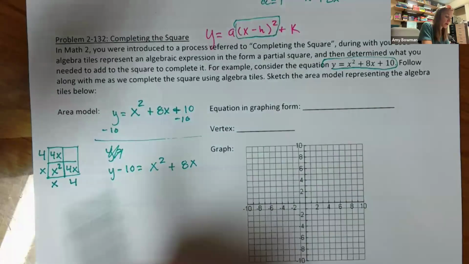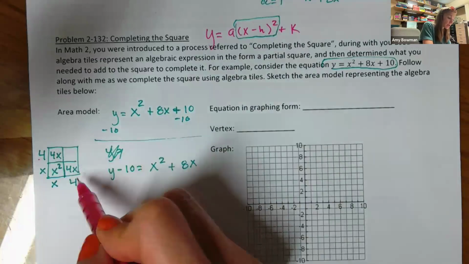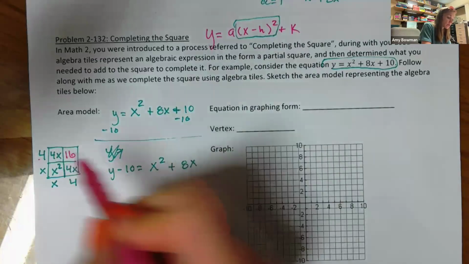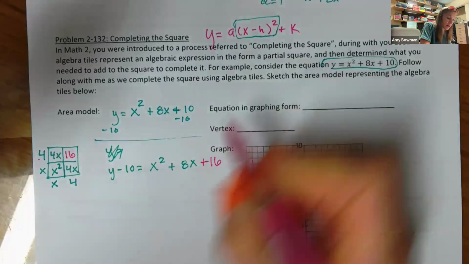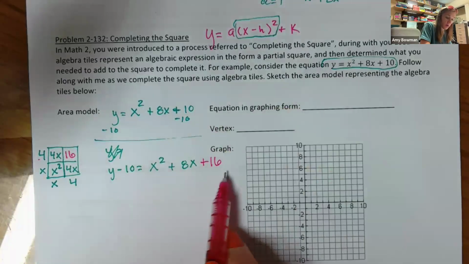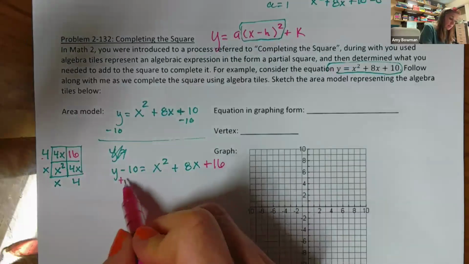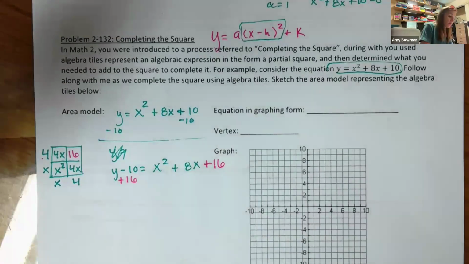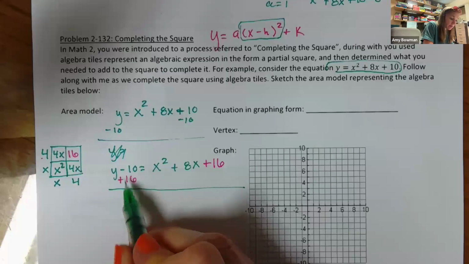It's not a perfect square until we fill in this last empty corner, but that's going to be 4 times 4, which is 16. So to complete this square, I'm adding 16 here, and now this is all a perfect square, but I have to make sure I add 16 here. So the result is negative 10 plus 16.